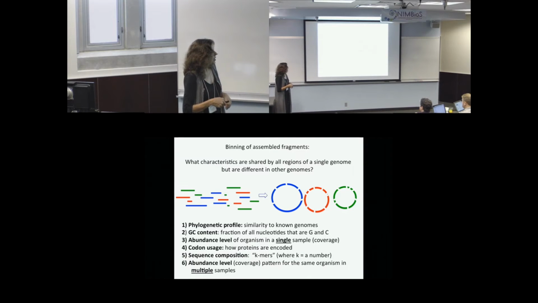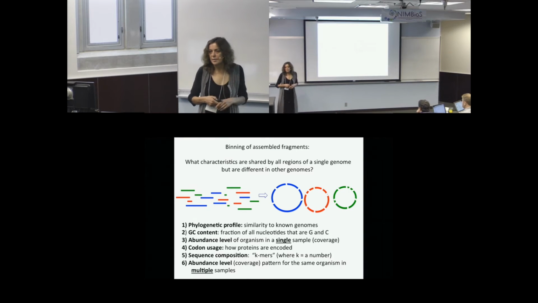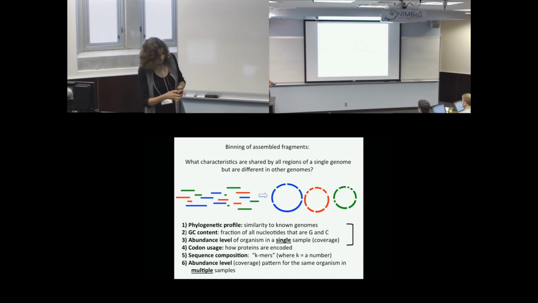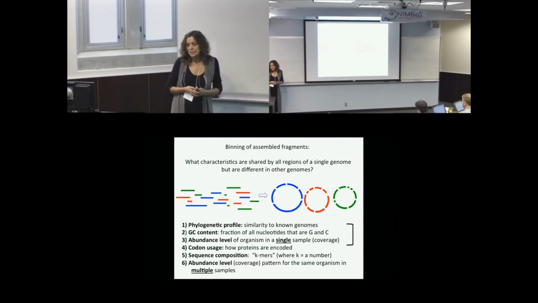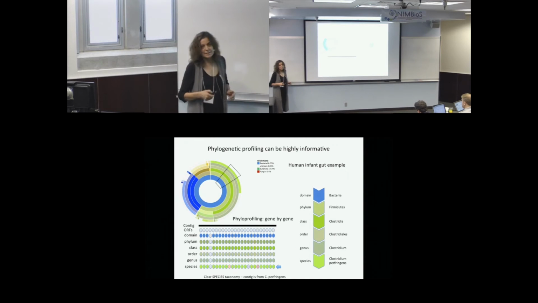GC content, abundance level of organism in a single sample, basically the sequence composition, including codon usage, and then the abundance level across multiple samples. It's probably pretty easy to understand that these things in combination can give you a very, very good approach for binning in some systems. But let me go into it to make sure it's clear.